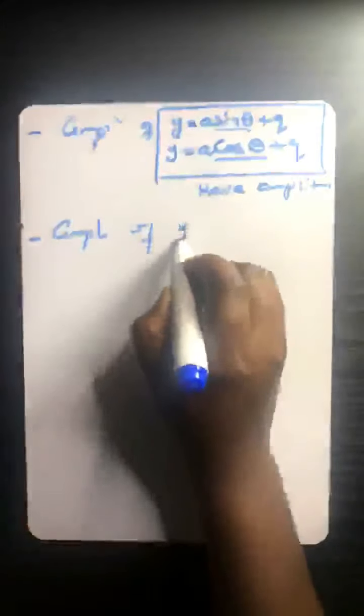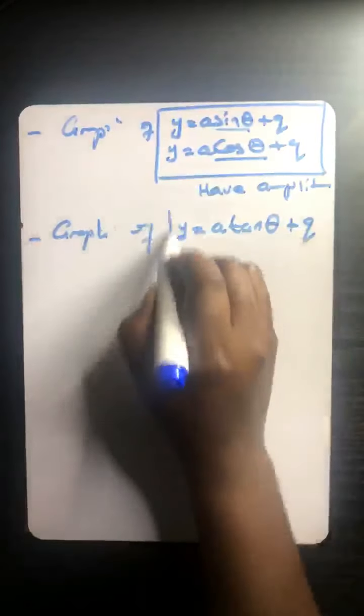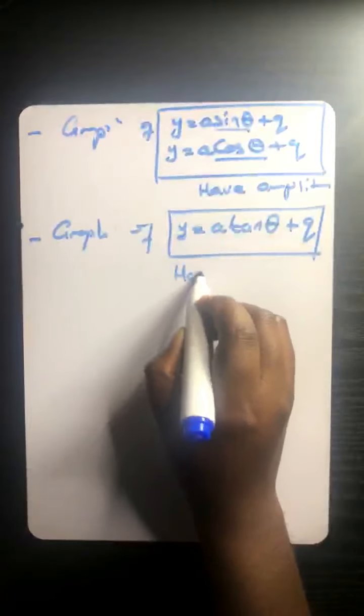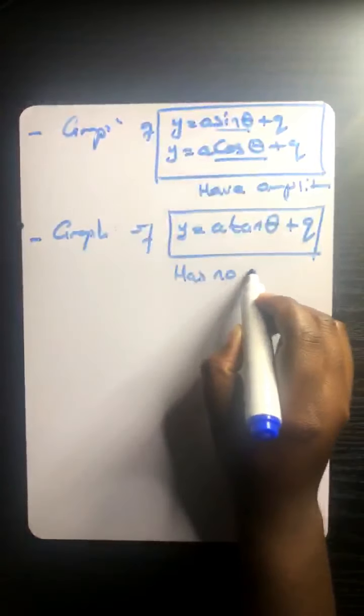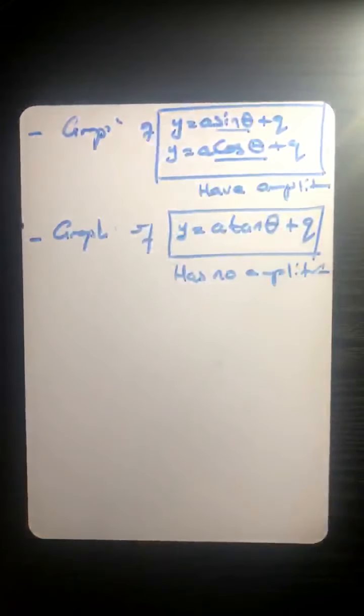But for a graph of y equals, let's say, a tan of an angle plus q, this function has no amplitude. I'm not sure. Are you guys getting what I've just said over there?